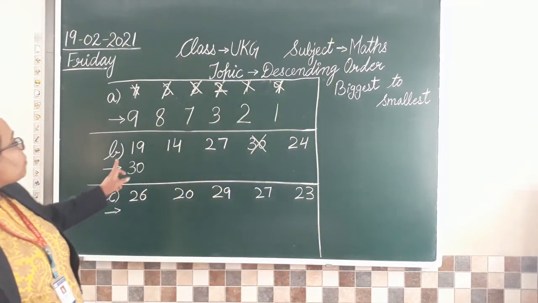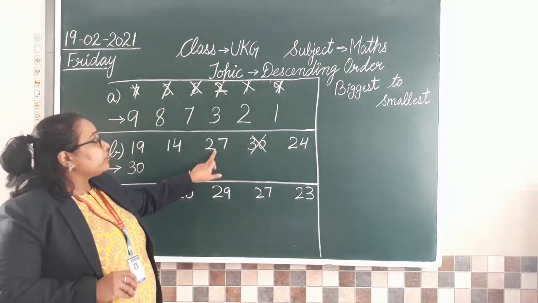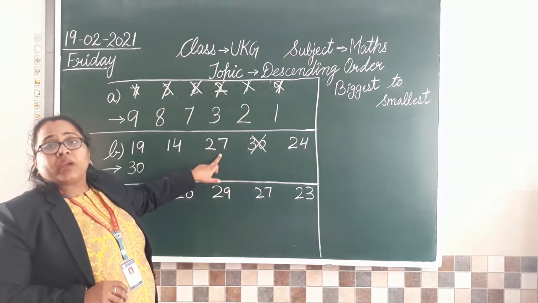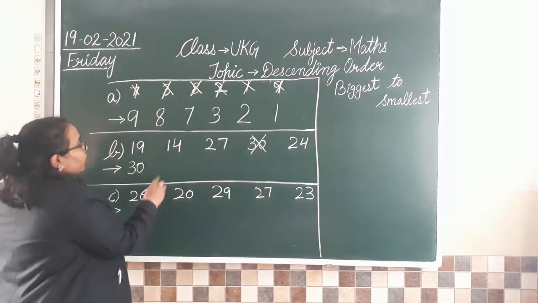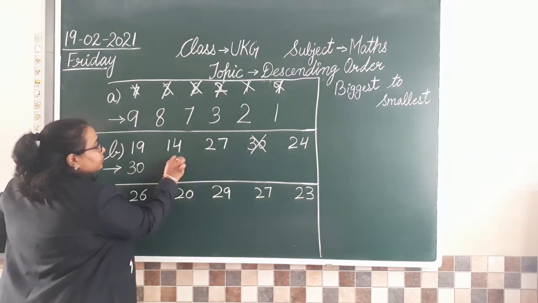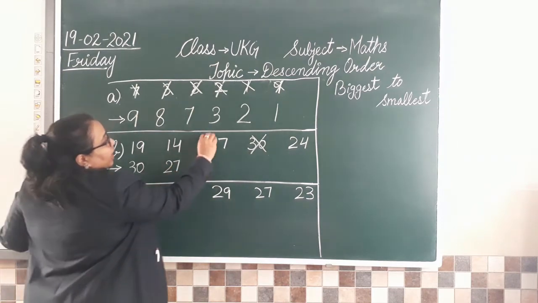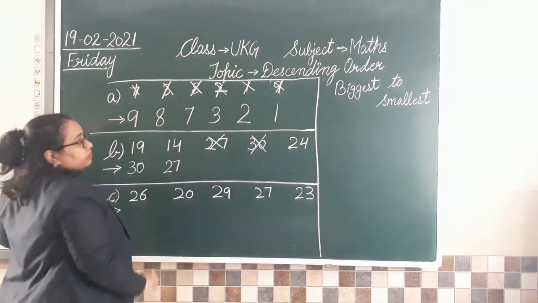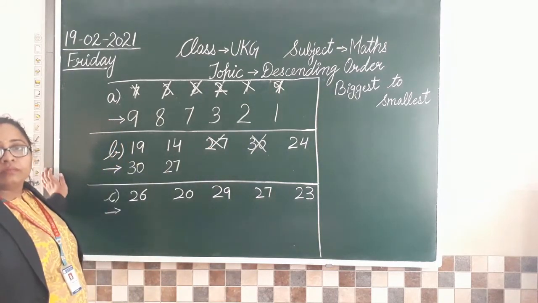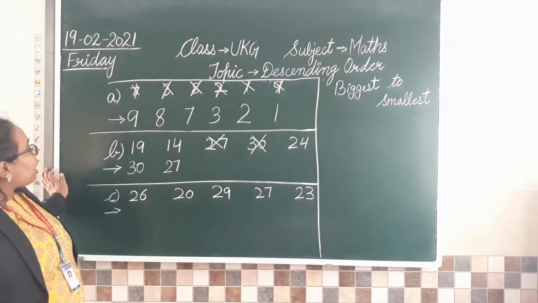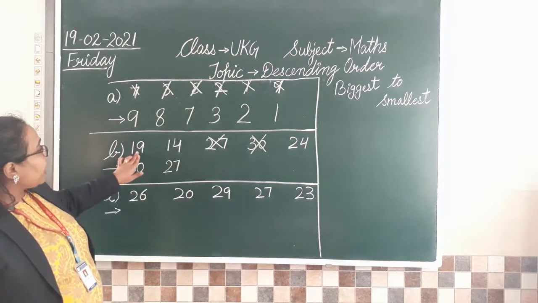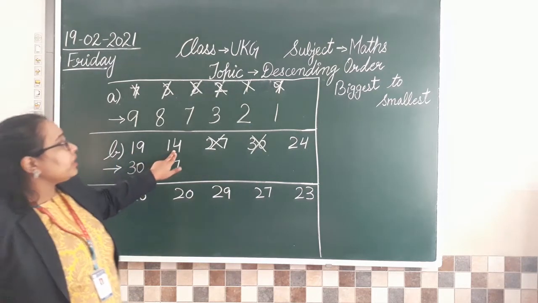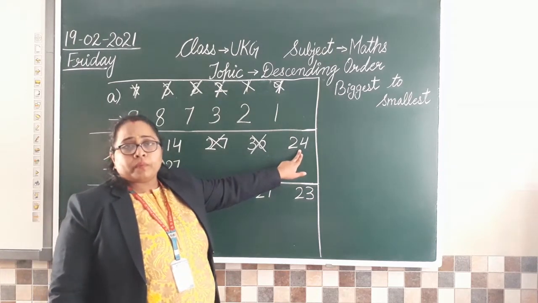So the biggest number among these is 27. So we will copy that and we'll cross it like this. Clear all? Now we have 19, 14 and 24.